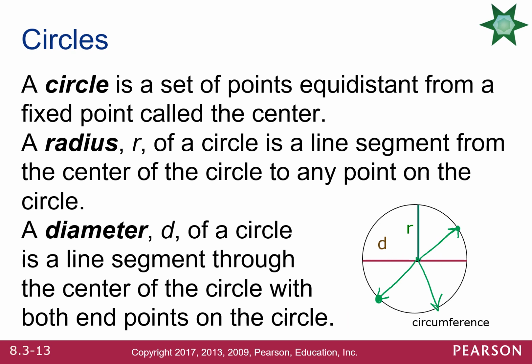Think of the diameter as two r's. This is an r from the center point to the left end of the circle, and then the other radius is from the center to the right end of the circumference. So the diameter is 2r, or twice r.